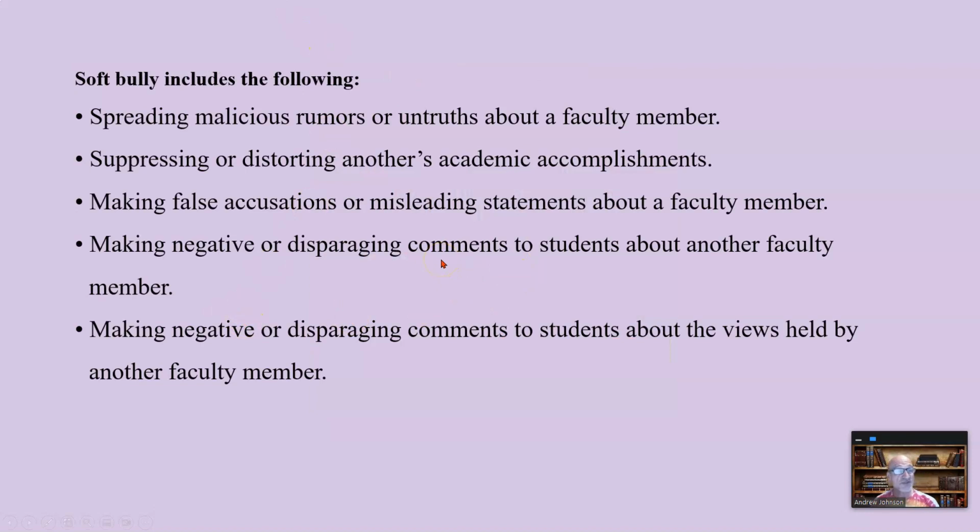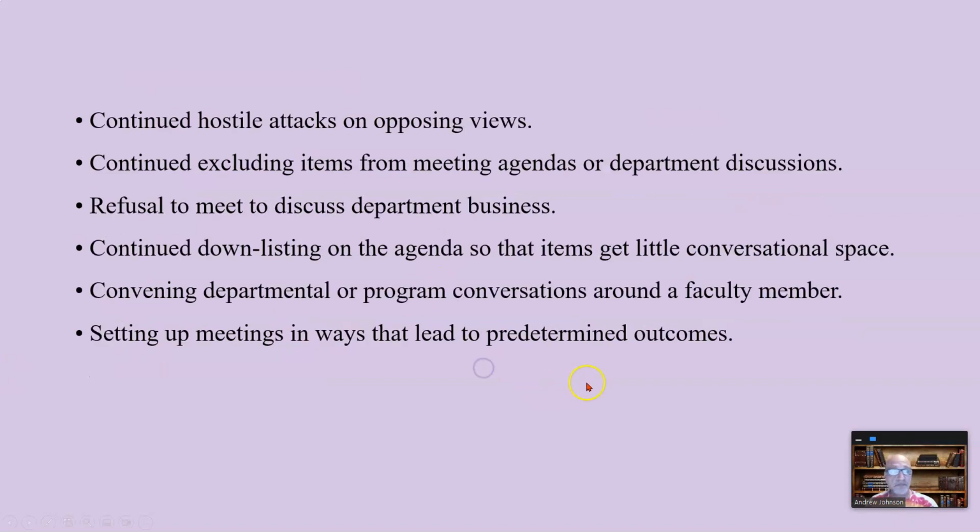Soft bullying includes some of these: spreading malicious rumors or untruths about a faculty member, suppressing or distorting another's accomplishments, making false accusations or misleading statements about a faculty member, making negative or disparaging comments to students about a faculty member, or making negative or disparaging comments to students about the views held by another faculty member.